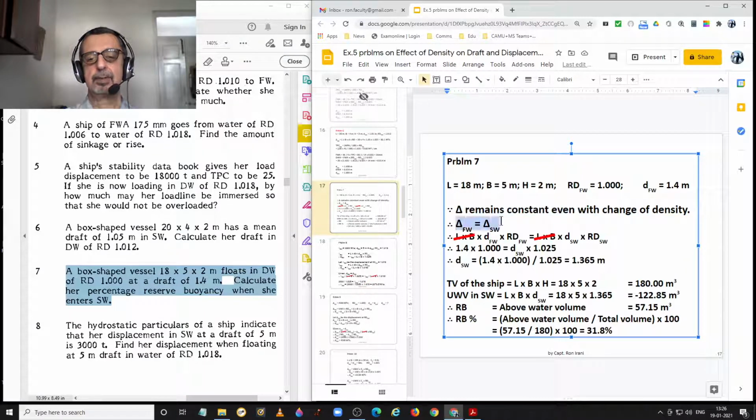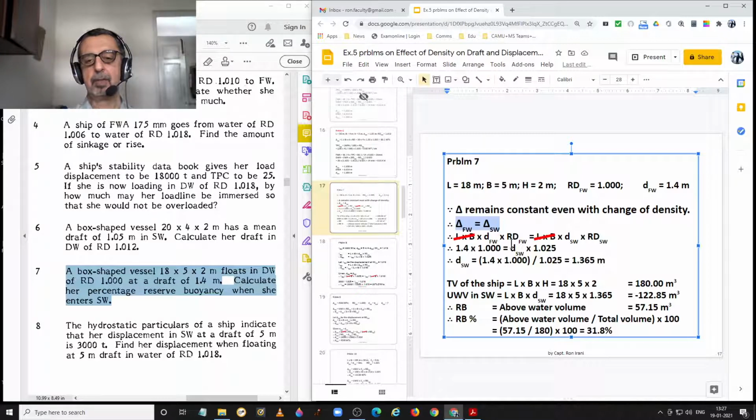Therefore, displacement in fresh water equal to displacement in salt water. Displacement formula being length into breadth into draft in fresh water multiplied by relative density of fresh water equal to length into breadth into draft in salt water multiplied by relative density of salt water.